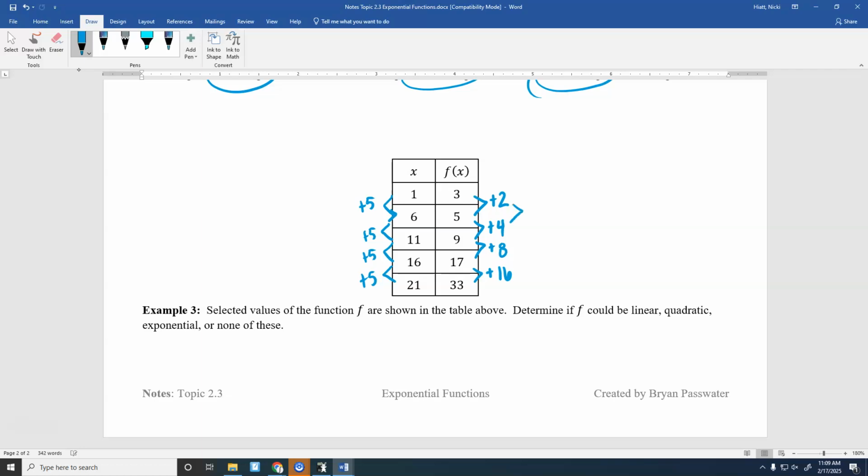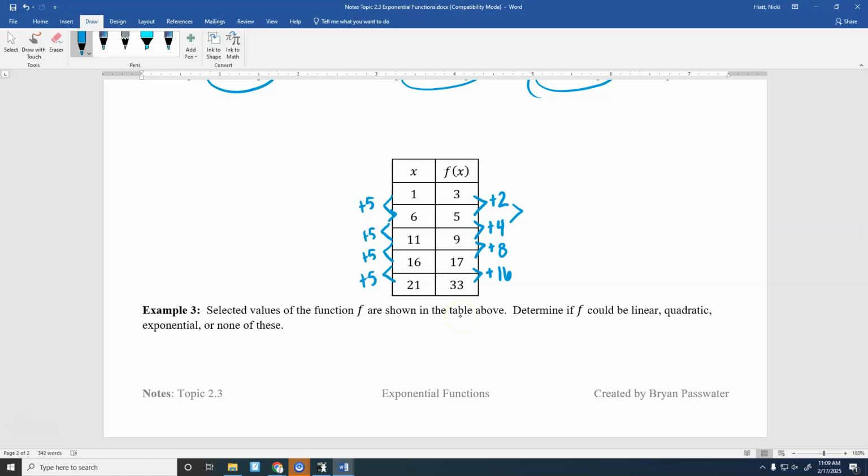Let's look at our second difference to see what's happening, because the other option is that I'm multiplying by a number. But can you multiply 3 by a whole number to get 5? No, so it's not looking exponential in that way.